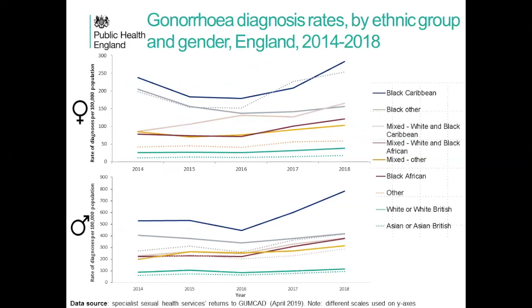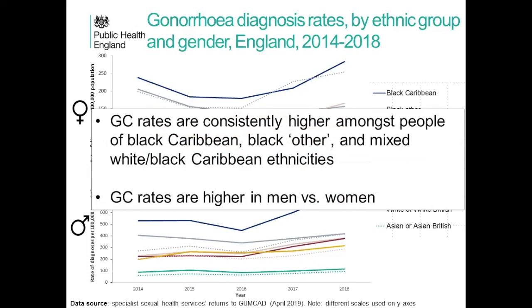And so we can see that Black Caribbean, Black other, and mixed white and Black Caribbean ethnicity in both men and women have the highest rates of diagnosis in gonorrhea. And also that gonococcal rates are much higher in men than they are in women. So about 3 times higher, actually.